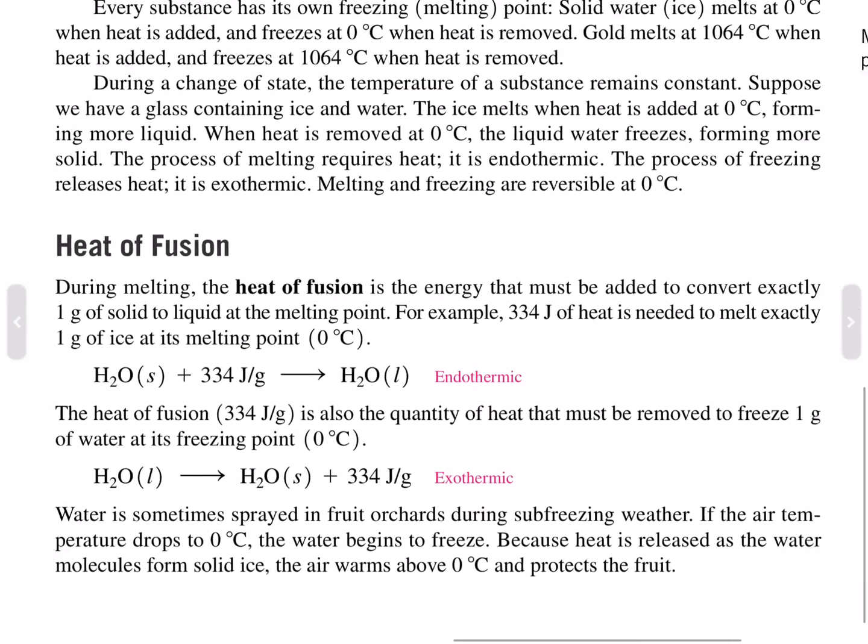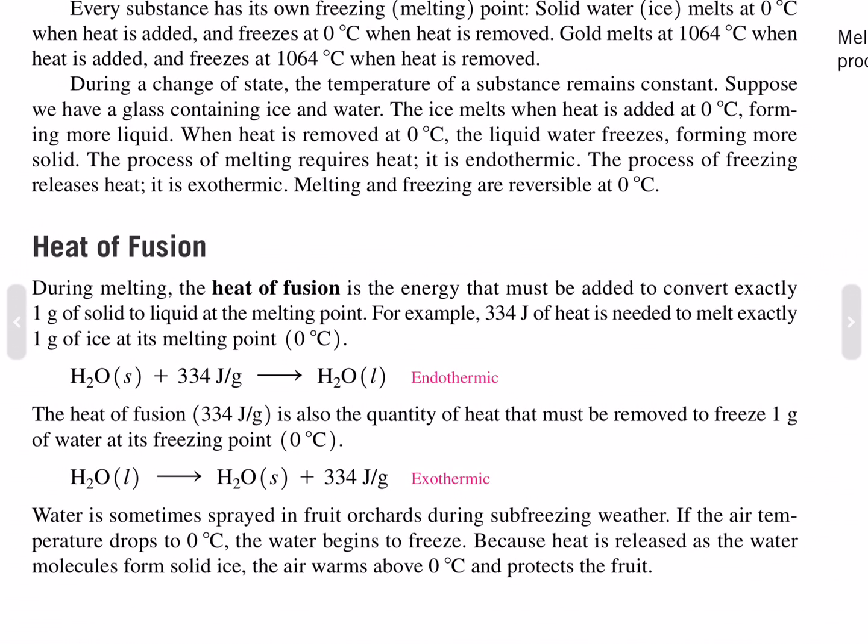Heat of fusion. During melting, the heat of fusion is the energy that must be added to convert exactly 1 gram of solid to a liquid at the melting point. For example, 334 joules of heat is needed to melt exactly 1 gram of ice at its melting point, 0 degrees Celsius.